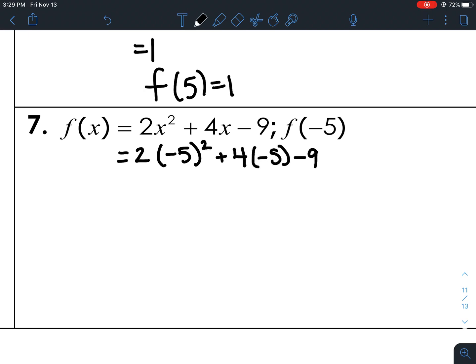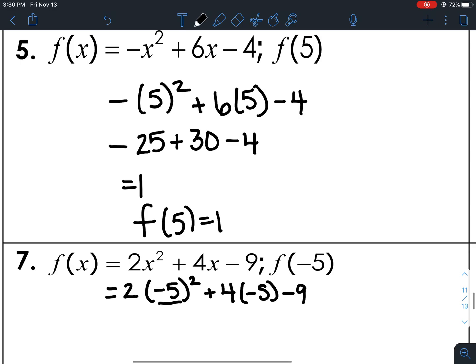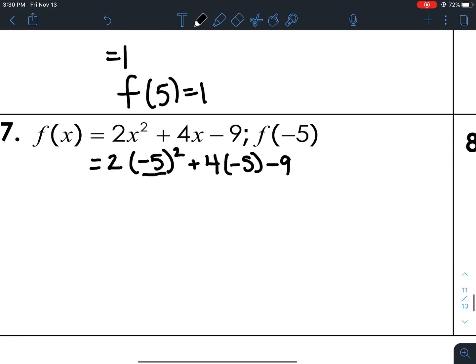minus 9. Again, this is why it's really important when we're plugging things in that you really need to put them in parentheses. Because here, the difference between this one and this one, the negative was outside on this one. The negative is inside here. So negative 5 times negative 5 is 25. So that gives me 2 times 25 plus, I'm going to go ahead and do that. That one's 20.